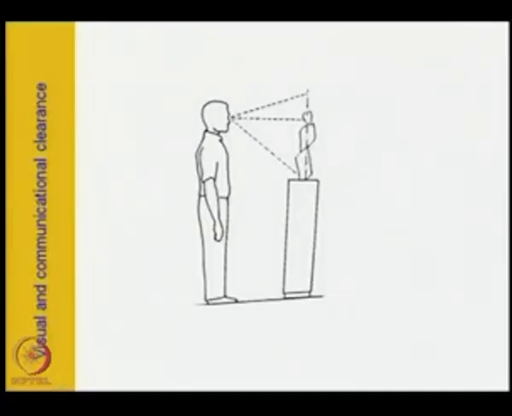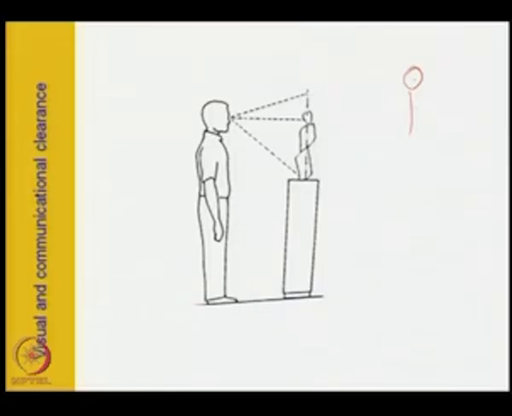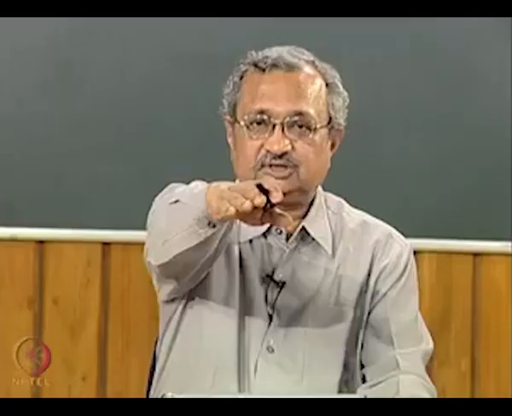Now, the thing that comes is visual and communicational clearance. Earlier we said that from the vision point, around 30 degrees up one can see without much changing the head, and below 45 degrees, and that should be within one arm's reach distance.